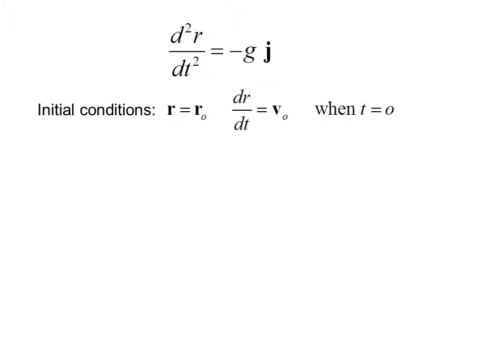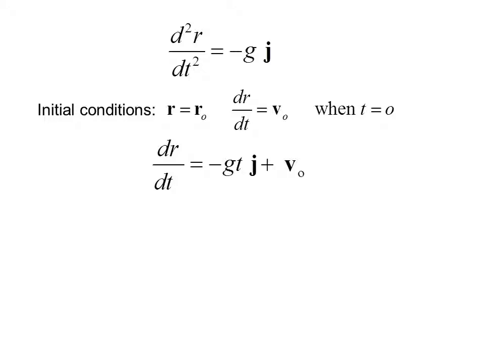We have initial conditions r equals r sub 0 and dr/dt equals v sub 0 when t equals 0. And notice this v sub 0 is a vector with direction and magnitude.